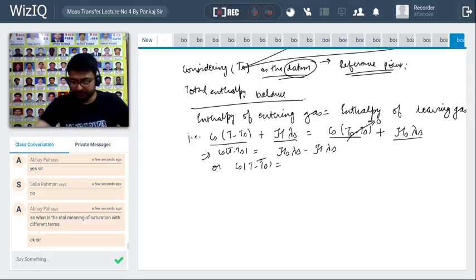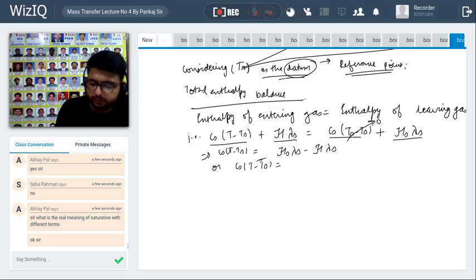Is equal to Hs minus H into lambda S. Okay, so Cs upon lambda S is equal to what?